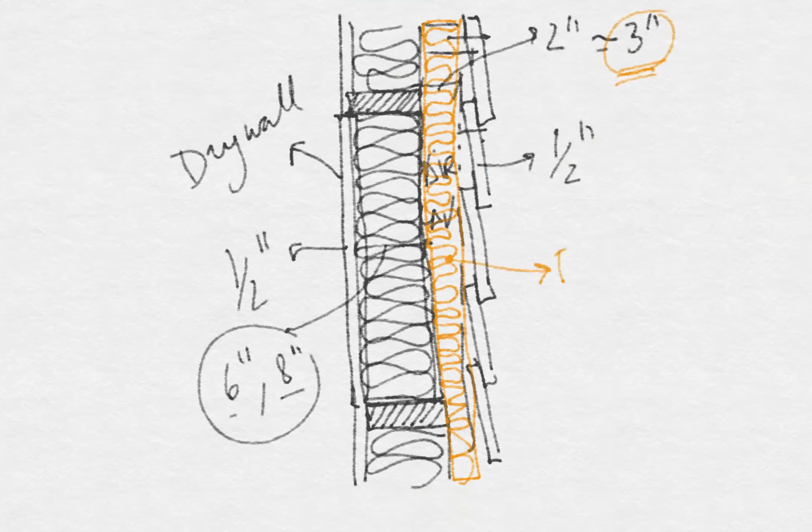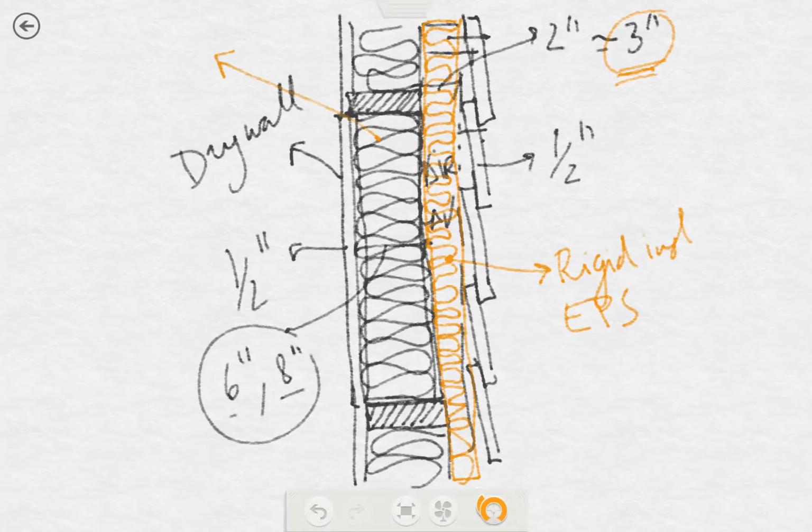This can be a rigid insulation, EPS, that works well against water. And then this thermal insulation can be fiberglass or fiberboard.